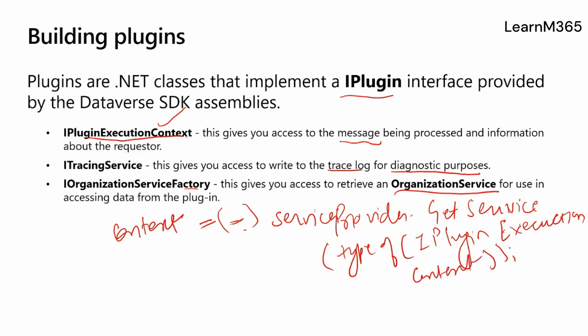This is the kind of code you would be writing to fetch the context. Once you have the context, you can refer to its input parameters or output parameters. Input parameters give you access to the originating message, and output parameters can give you access to what is being returned to the caller.